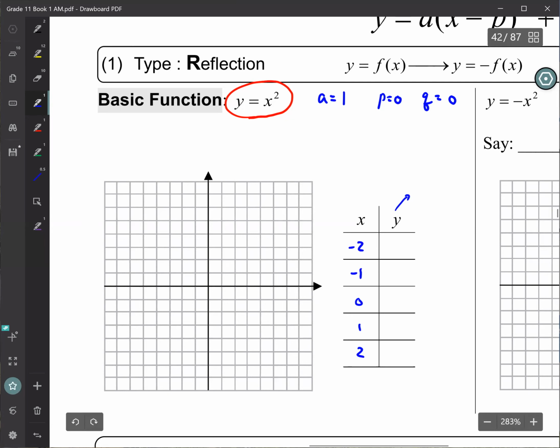So to get the y values, y equals x squared, right? So you plug in the x into the brackets. So for the first one, y equal to -2 squared. So that will give you a 4. All right, so please complete the table and raise your hand.